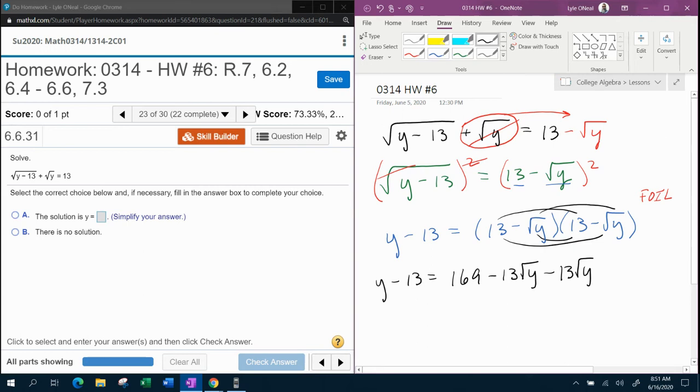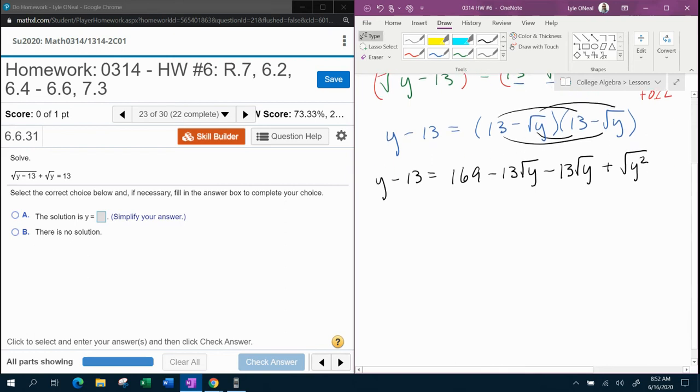And last but not least, negative times a negative makes a positive. Square root of y times square root of y is the square root of y squared. Because anytime you multiply radicals together, you multiply their radicands. So if the indexes are the same, which they are, a square root of y times square root of y gives me square root of y times y, which is y squared.